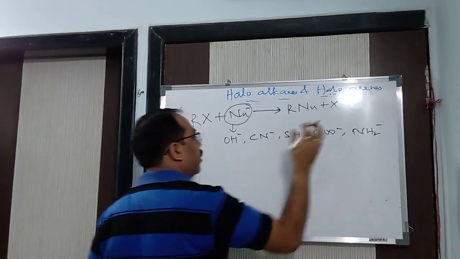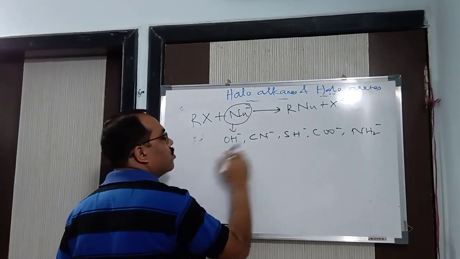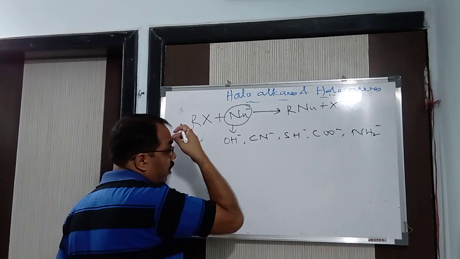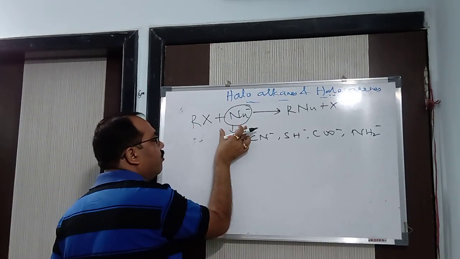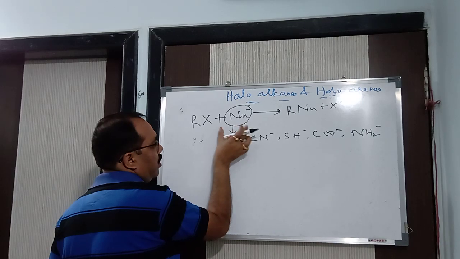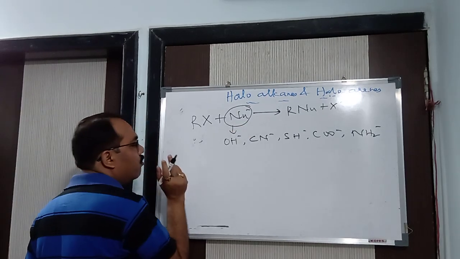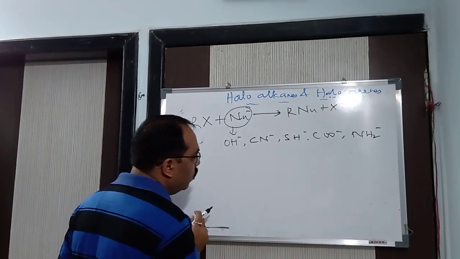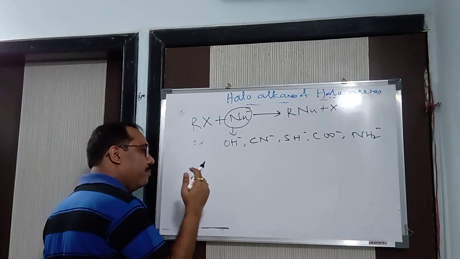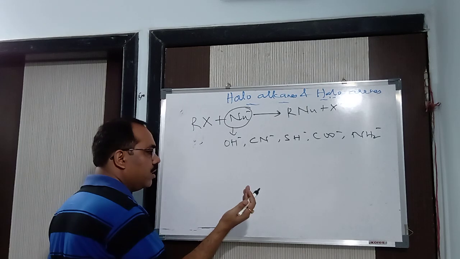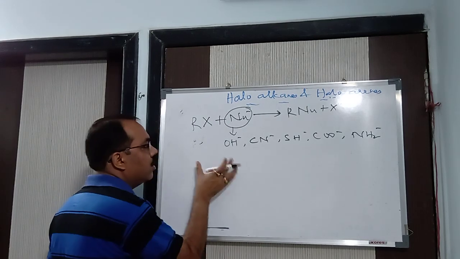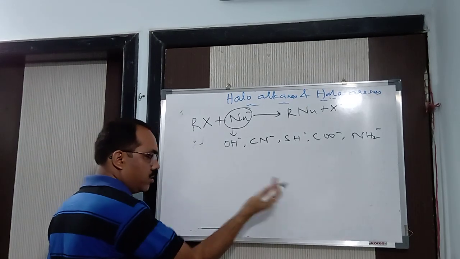In this way many are there. Clear? So many nucleophiles are there, we will be using them here. Rather, I will be using a base here, I should say. Now one thing you must know here: how will you know which is a better leaving group and a stronger leaving group, or which is a poor leaving group? This I am going to tell you in the next one. Thank you.